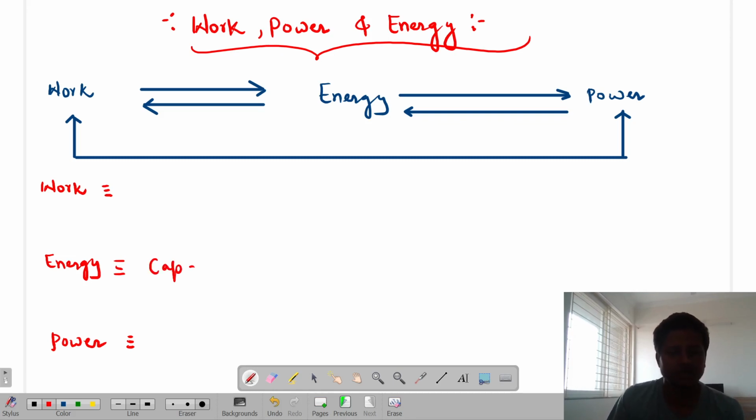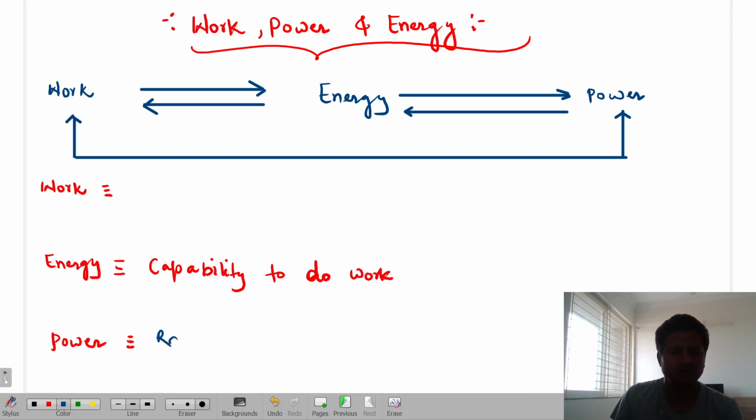Basically, can I say that energy is nothing but capability to do work? Yeah, so you said that same thing. Power is something called the rate of work done. Then what is work?